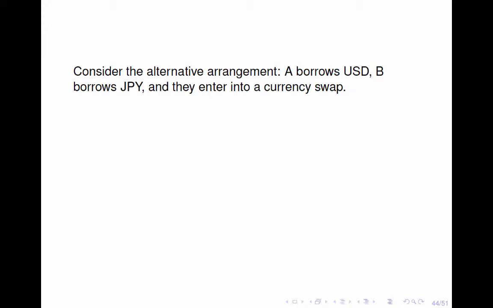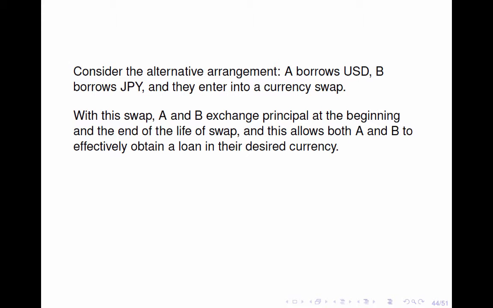Since both A and B are more competitive in their opposite market, they can consider the alternative arrangement. A borrows US dollars, B borrows Japanese yen, and they enter into a currency swap. With this swap, A and B exchange principal at the beginning and the end of the life of the swap, and this allows both A and B to effectively obtain a loan in their desired currency.